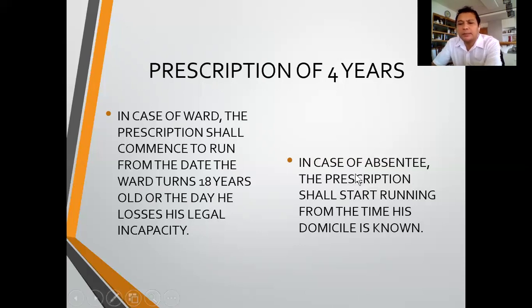In the case of an absentee, prescription shall start running from the time the absentee's domicile is known. So what is domicile? It is the place where a person originally came from. This is his parents' or his grandparents' home, or where his parents reside.